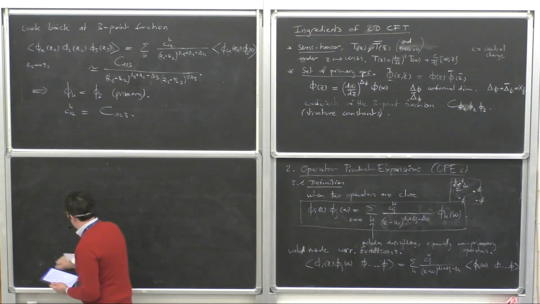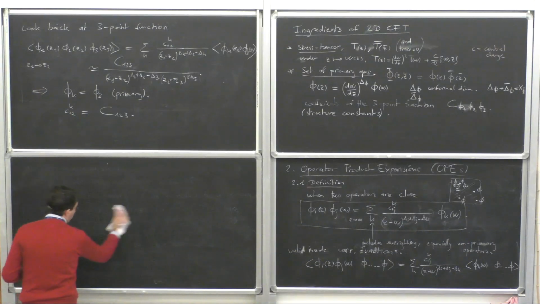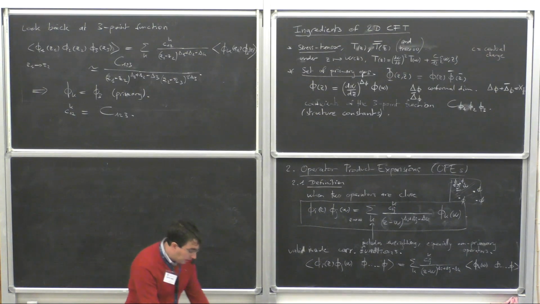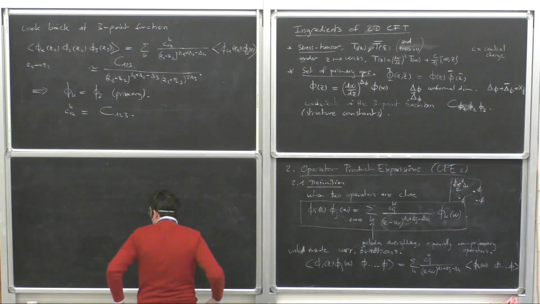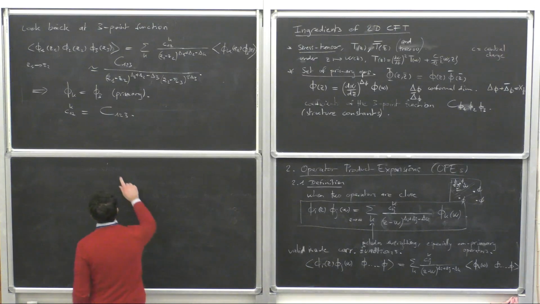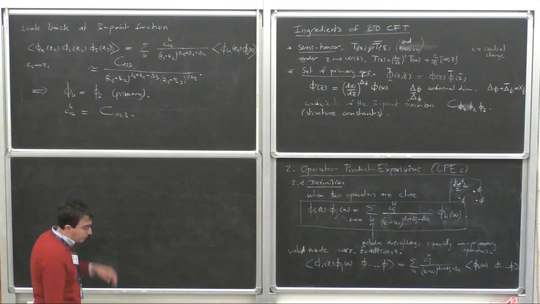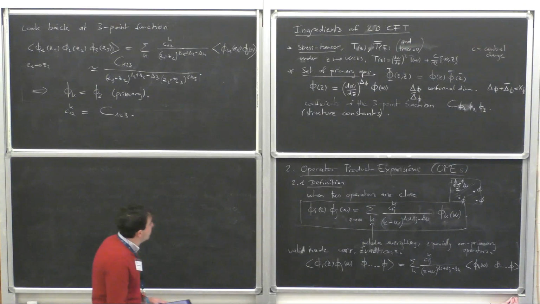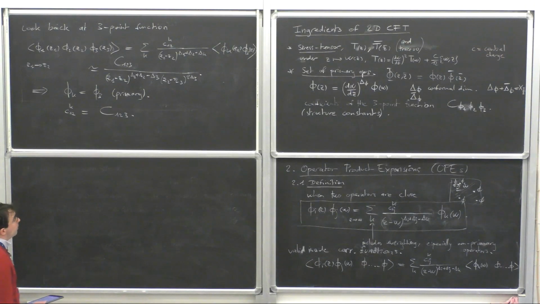We need to know how the two are related, and this means we need to know correlation functions of the primary fields that also include the stress tensor. Or in other words, now that we have introduced the language of operator product expansions, we need the operator product expansion of the stress tensor with the other operators.